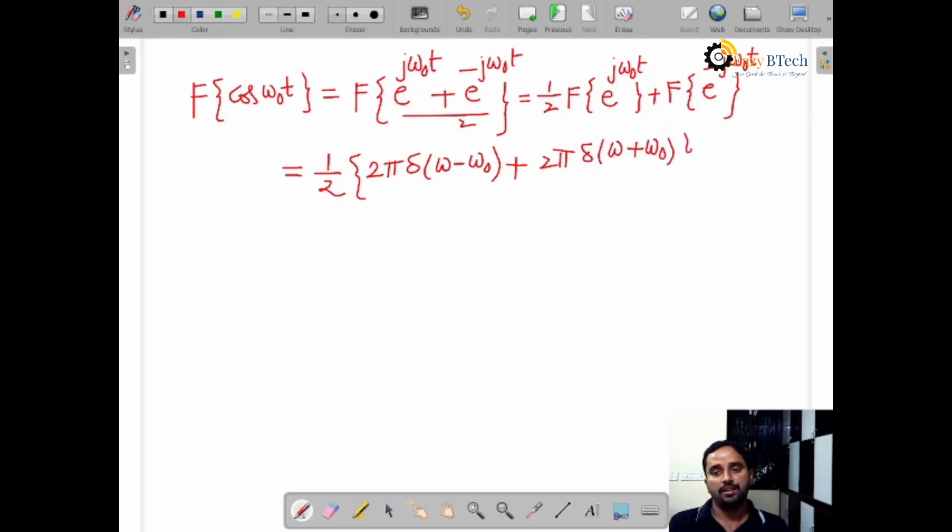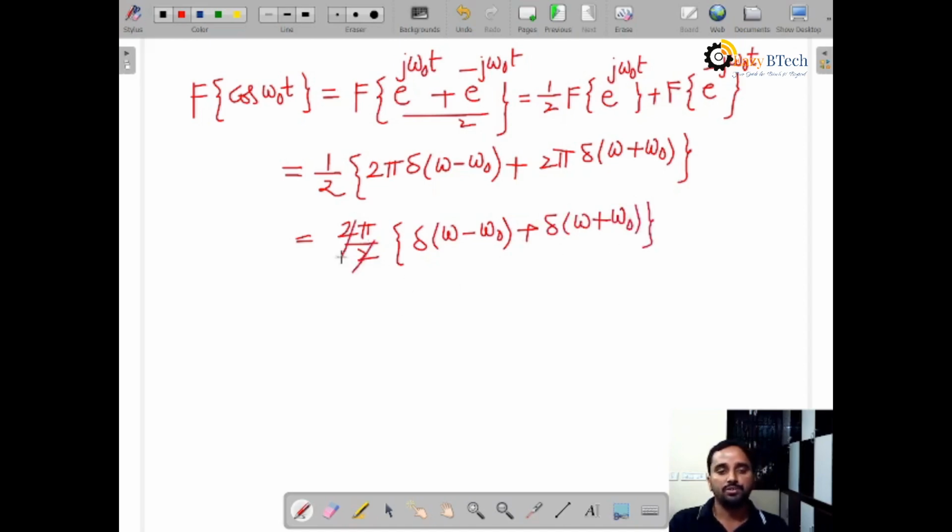So we can take common 2 pi. So 2 pi is outside, by 2, times del of omega minus omega naught plus del of omega plus omega naught.